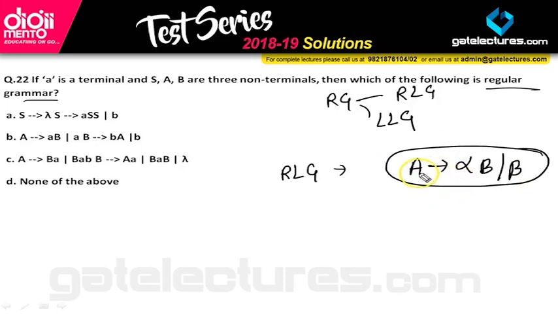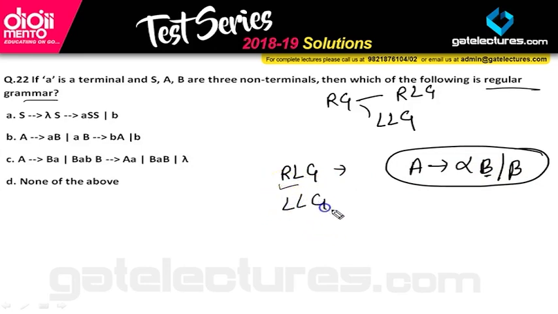It means a non-terminal symbol will give a terminal symbol followed by a non-terminal symbol, or just a terminal symbol. So in right linear grammar, the variable or non-terminal symbol is present on the right side of the terminal symbol. That's right linear grammar.